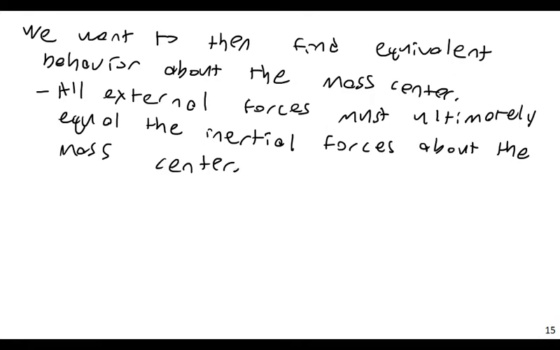Okay, so let us look at something, for example, rolling motion. Let us consider rolling motion. That is an example of constrained rotation. Well, if you have a balanced disc, we don't really have much issue.